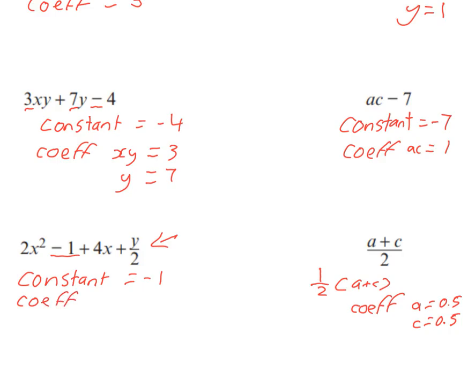We've got an x squared, and the number before the x squared is 2. 2 lots of x squared, that's the coefficient. We've also just got normal x. The coefficient of x is going to be 4. And we've also got y. And the coefficient of y is going to be 0.5 or a half, because anything divided by 2 is multiplied by 0.5 or multiplied by half.